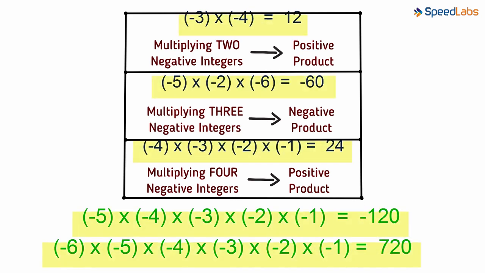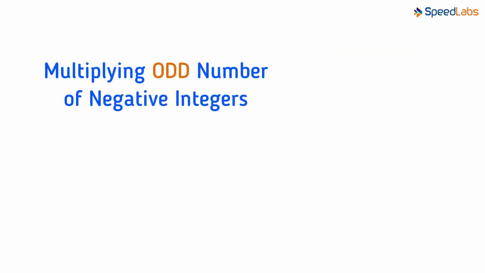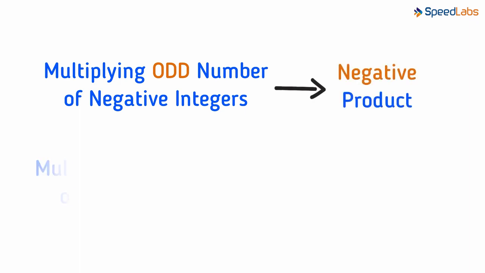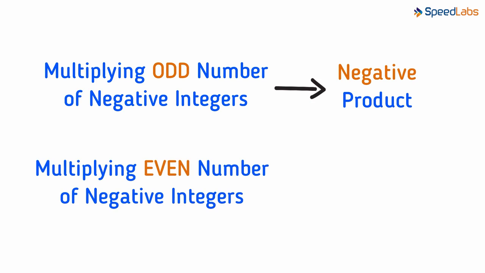Based on all these examples, we can note the following important points about multiplication of negative integers. Multiplying odd numbers of negative integers gives us a negative product. Multiplying even number of negative integers gives us the positive product.